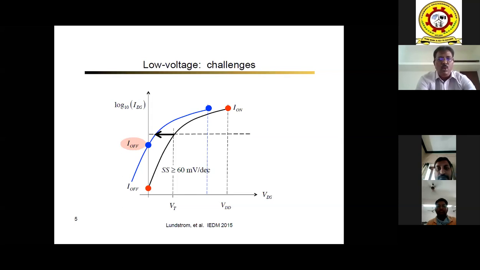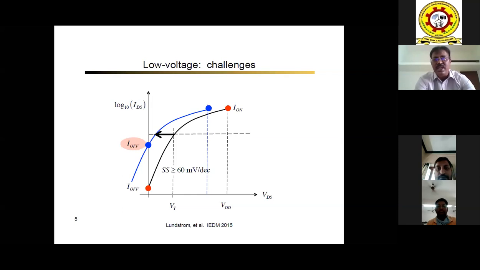Now, the slope of this curve is called the sub-threshold slope, and 60 millivolts per decade has become a nominal figure. The reason behind that is the limitation of the thermal voltage. Thermal voltage is kT by q, where k is Boltzmann's constant, T is temperature, and q is the electron charge.